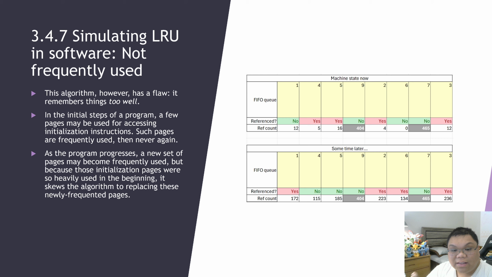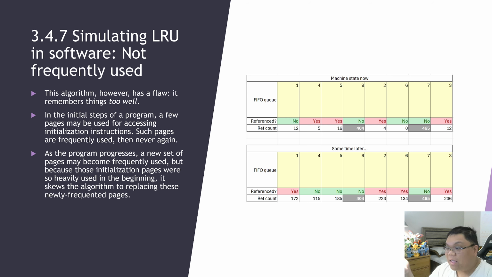The problem with this algorithm is that it works too well. And that's because you might have a program that uses certain, say, pages 9 and 7 initially and never again.